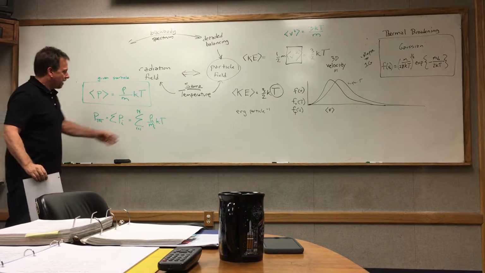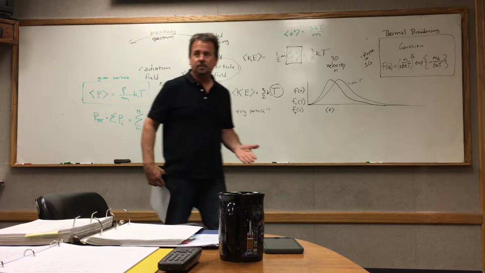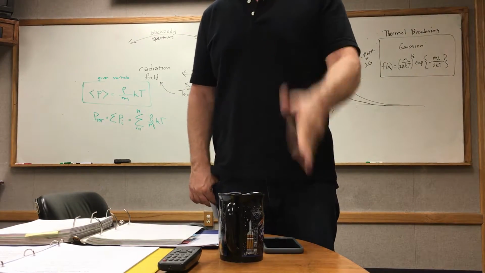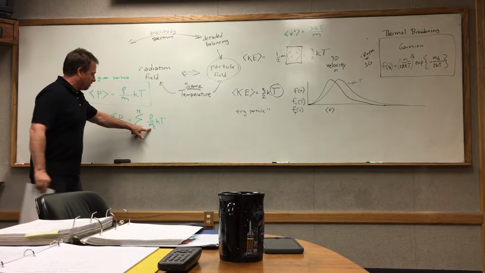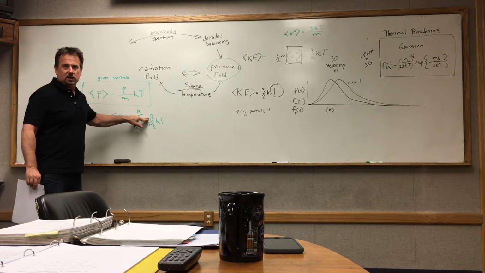So you might have some particle that might have mass m_i, like hydrogen, helium, lithium, boron, carbon, nitrogen, oxygen. As you go up in i, different masses, same T, different densities, because this is a mass density.